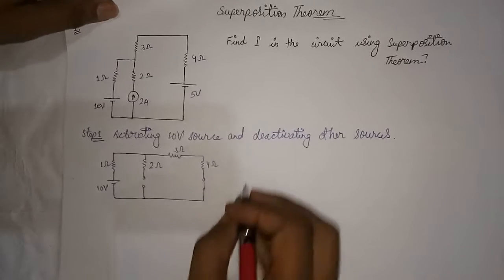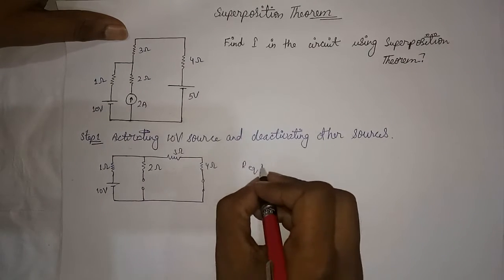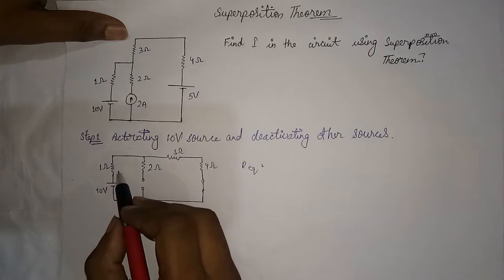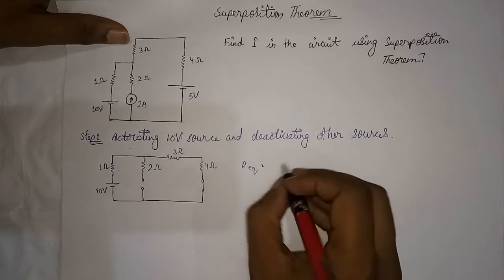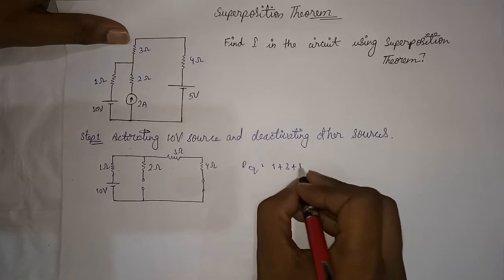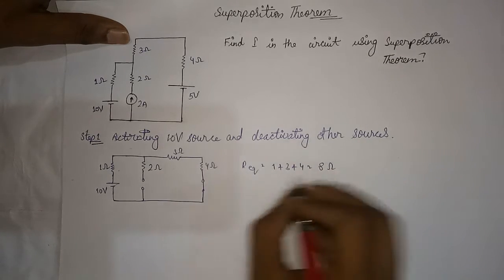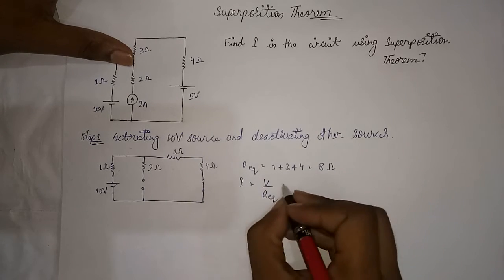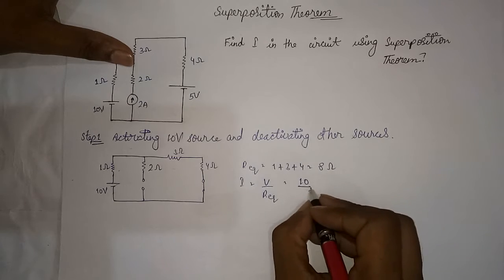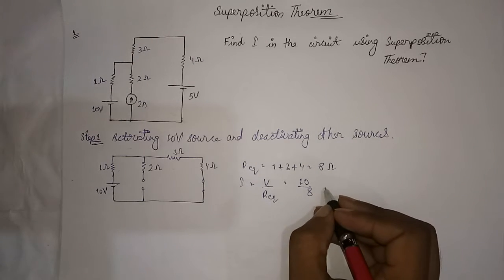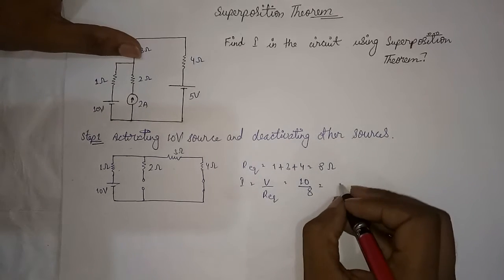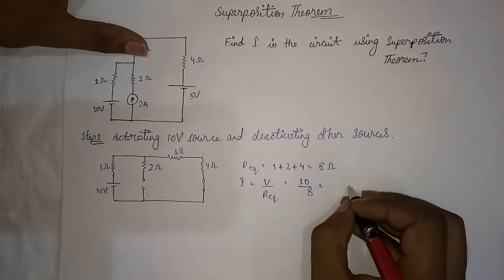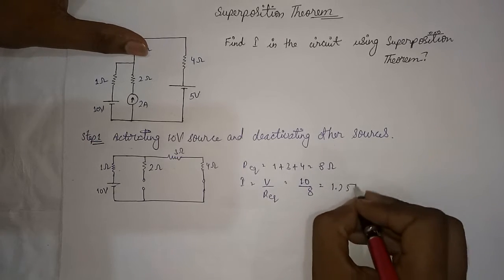Now we will get resistance, that is R equivalent, equal to 1 plus 3 plus 4, which is equal to 8 ohm. So current I is V upon R equivalent, 10 upon 8, and this is equal to 1.25 ampere.